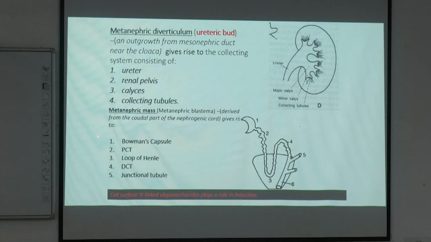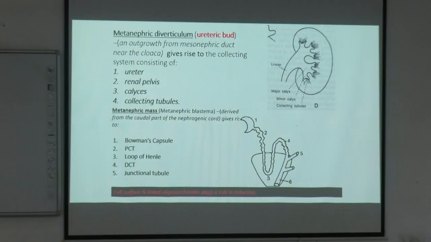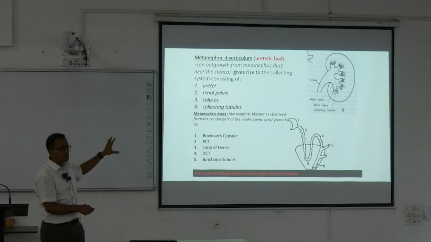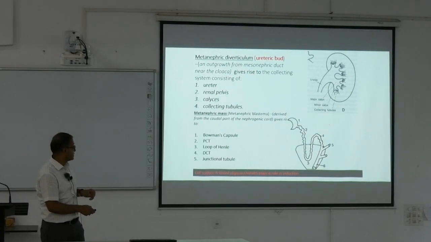The metanephric kidney forms the Bowman's capsule, proximal convoluted tubules, loop of Henle, distal convoluted tubules and junctional tubules, which eventually drain into the collecting tubules, then minor calyces, major calyces, renal pelvis and ureter, forming the complete system. If the ureteric bud and the nephrogenic tissue fail to interact properly, we have an error which we are going to talk about very soon. So this is the whole summary of adult kidney formation.